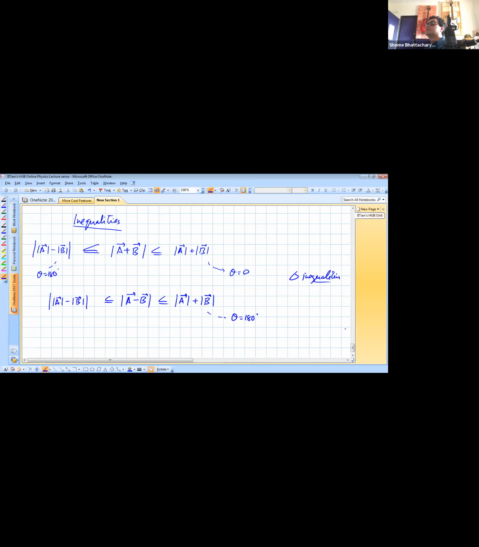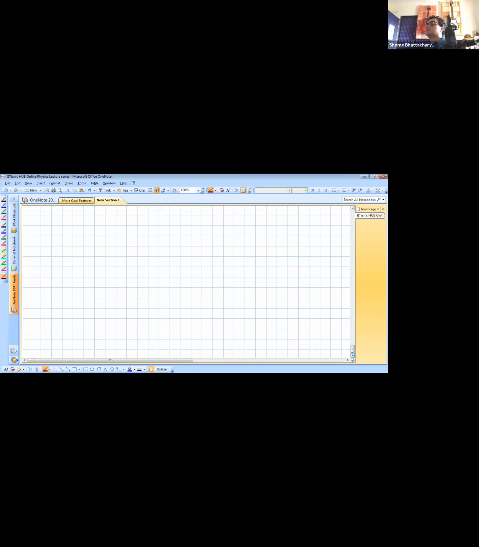But we also had some additional ones, and the additional ones were like this. For theta being less than 90 degrees, or theta basically being between 0 and 90 degrees, so when we have an acute angle, you also know that mod of A plus B becomes greater than root of A square plus B square.